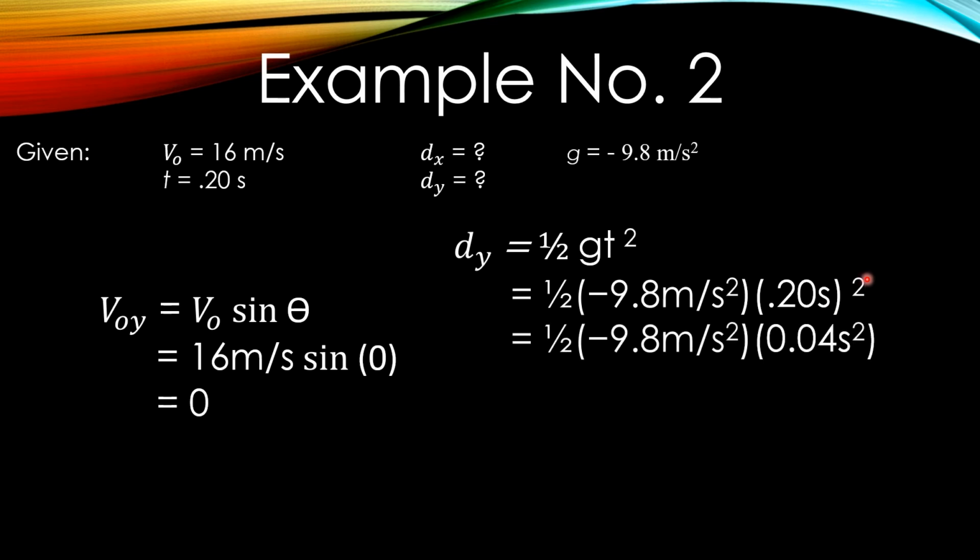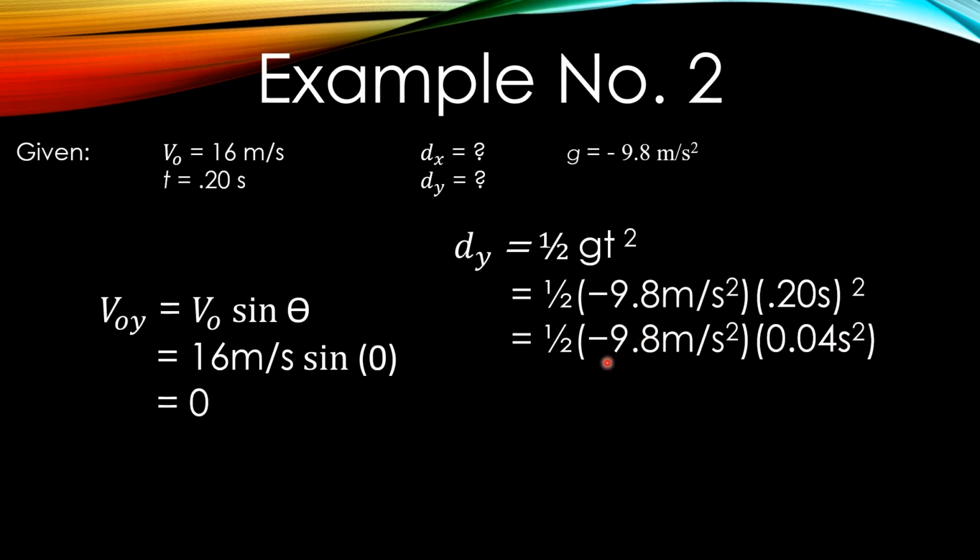Now, distribute the exponent inside the parentheses. We have 0.20 and second. 0.20 squared is equal to 0.04. Then distribute the exponent to the unit of the time, which is second. We have s squared.